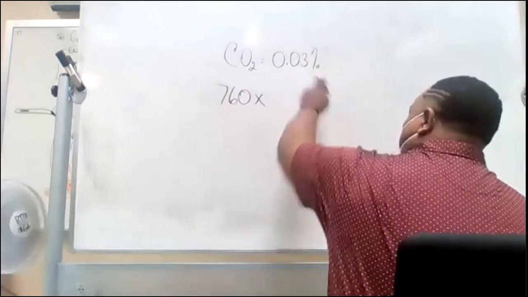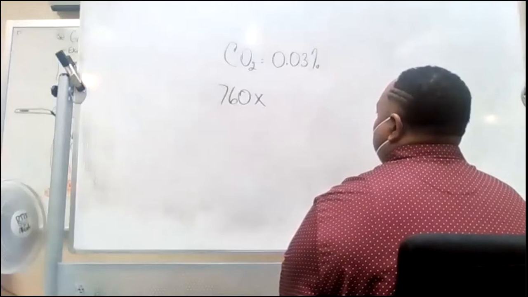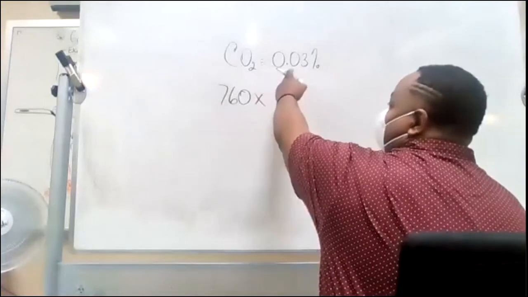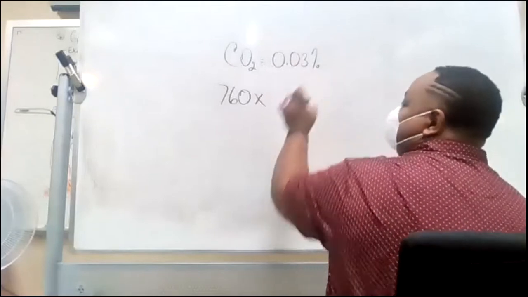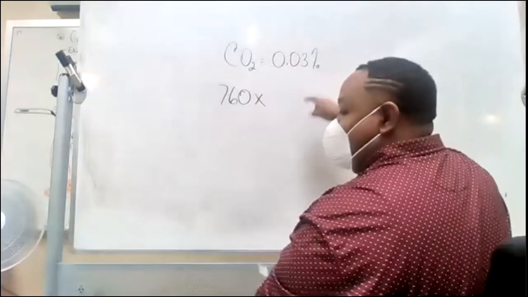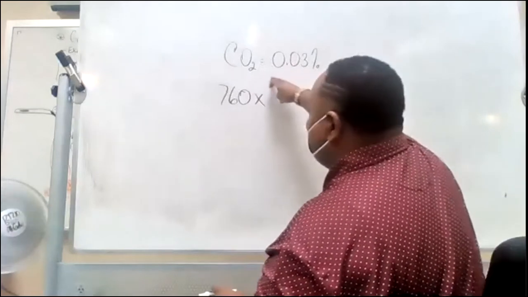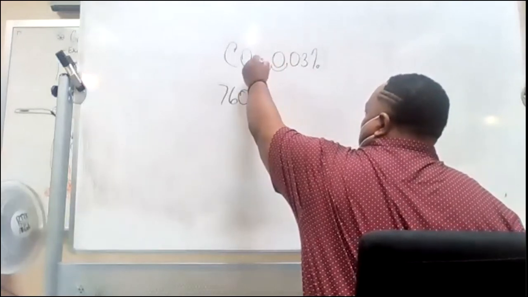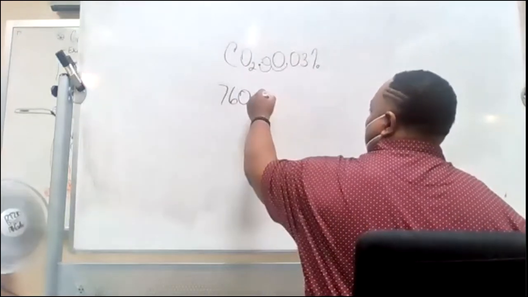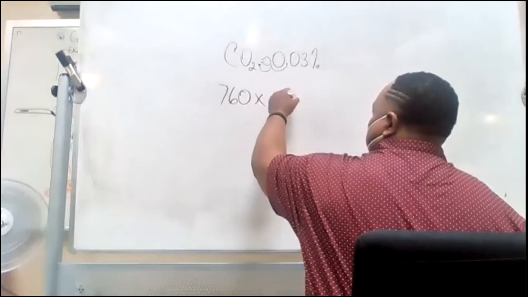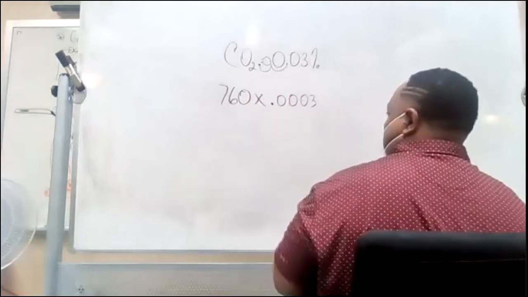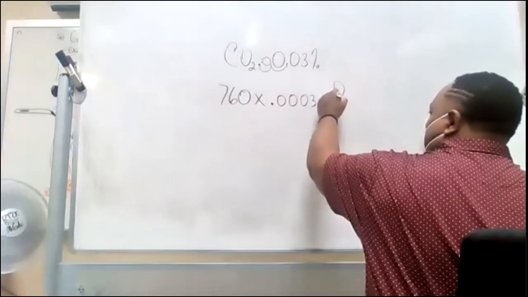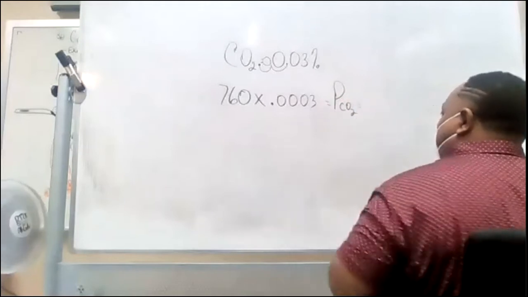I have to turn that into a decimal. Go two places to the left, even though it's in decimal form, it's still a percent. So that would be 1, 2, and then throw a 0 right there. So now we have 0.0003 times 760, and that gives us the pressure of CO2 in the atmosphere.